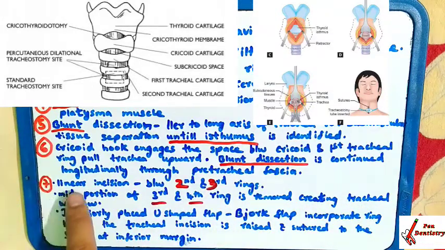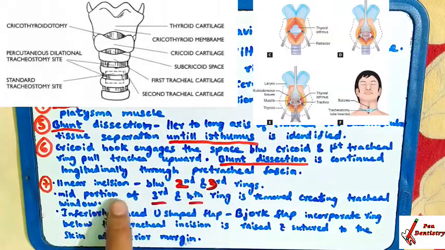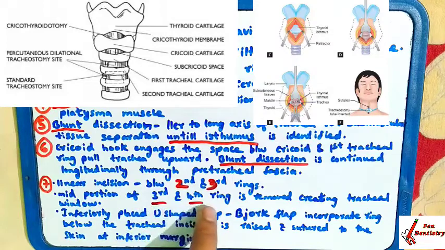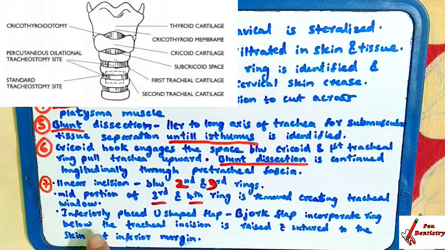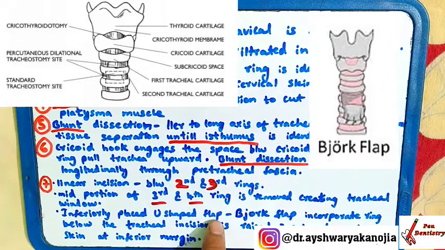How are you going to enter? A linear incision will be made in the second and third ring. Then the mid portion of the third and fourth ring will be removed, creating a tracheal window. An inferiorly placed U-shaped flap is also known as the Bjork flap.